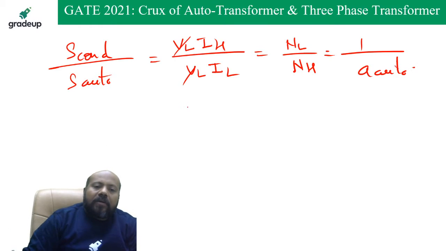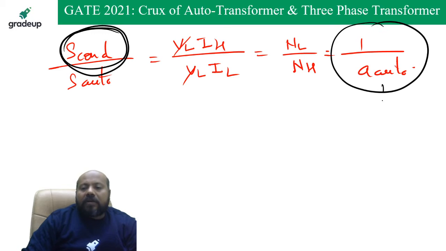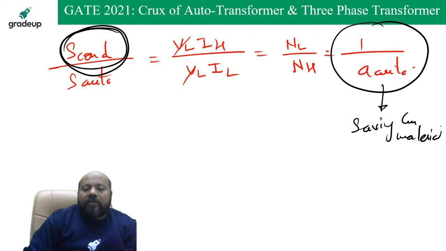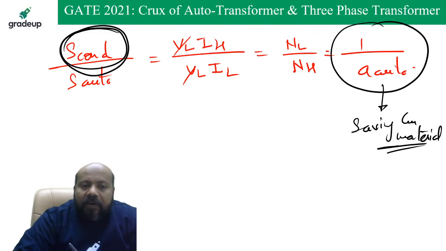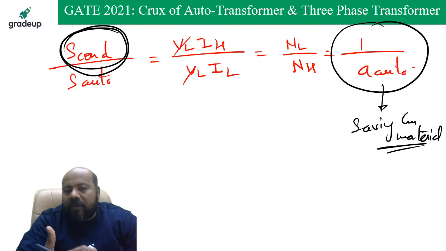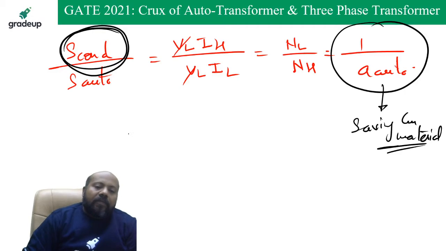Now you are getting the conductively transformed power as 1 upon A auto transformer, that is same as the saving in the copper material. Now you must be getting some idea why there is a saving in the copper material, because some part of the power which you are transforming is being transformed conductively because of the direct connection possible.